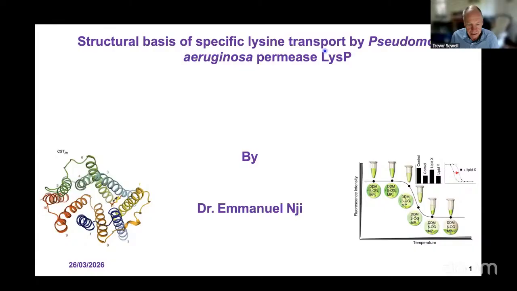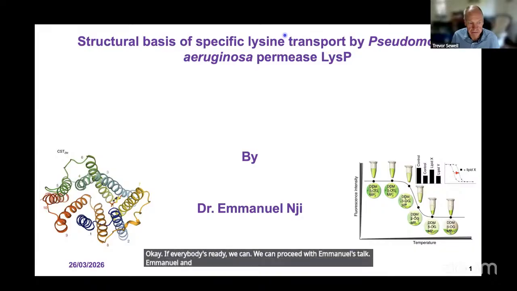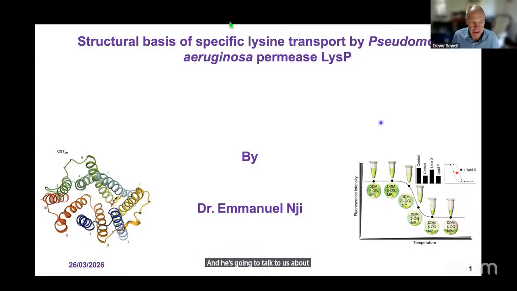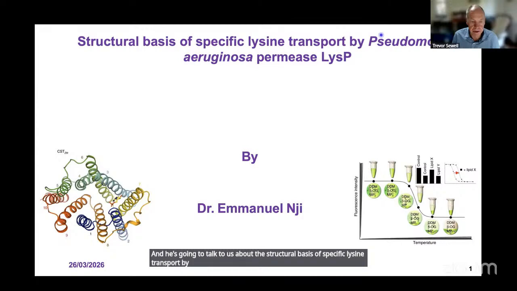Okay. If everybody's ready, we can proceed with Emmanuel's talk, Emmanuel Ng from Biostruct Africa. He's going to talk to us about the structural basis of specific lysine transport by Pseudomonas aeruginosa permease LysP.